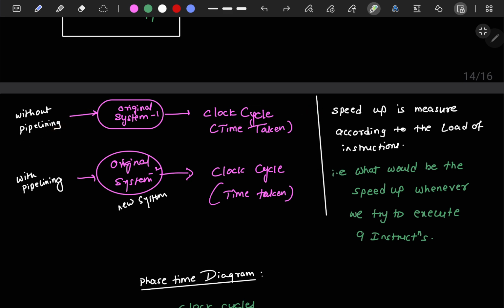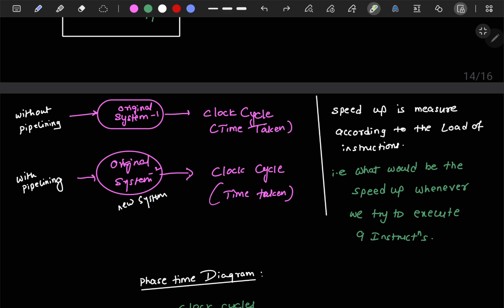Then we will take a copy of this original system again and execute it with the pipelining technique, and we will call that copy the new system. Then we will see how much time or how many clock cycles are required, and whatever the difference is, that is what we are talking about as speed up.